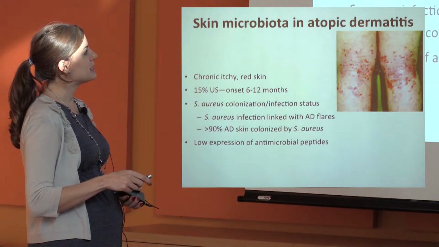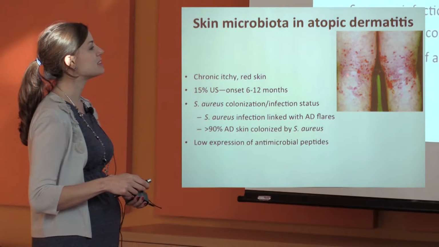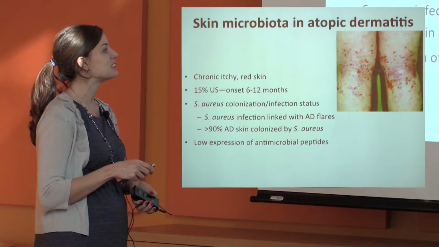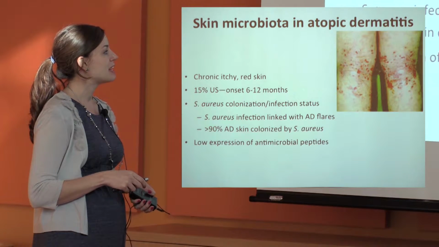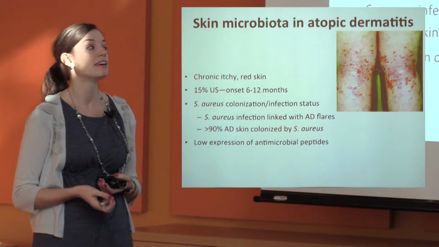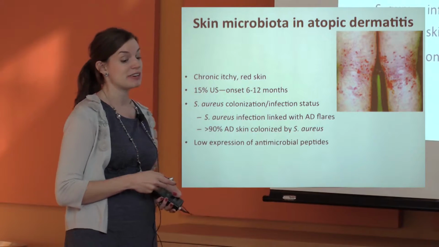But in these sites that are affected by atopic dermatitis, there's typically Staph aureus that colonizes and infects. And Staph aureus isn't normally present on the skin. It can be a very pathogenic bacteria.